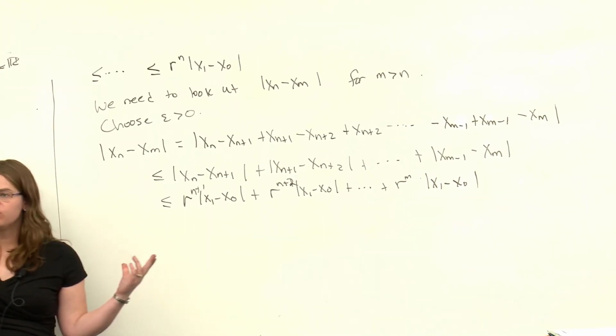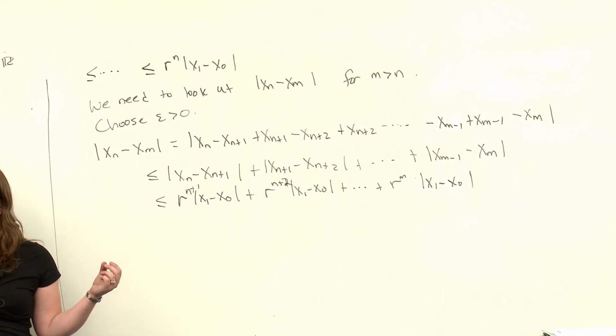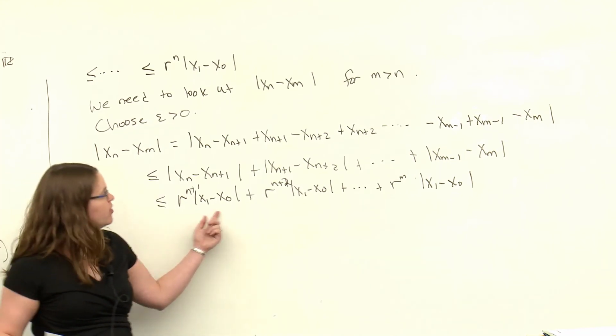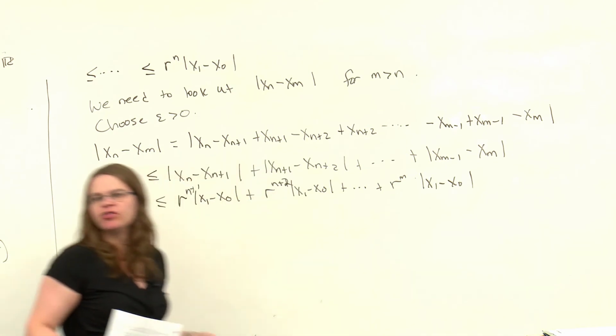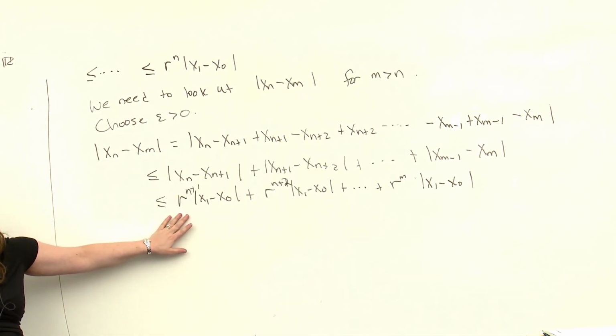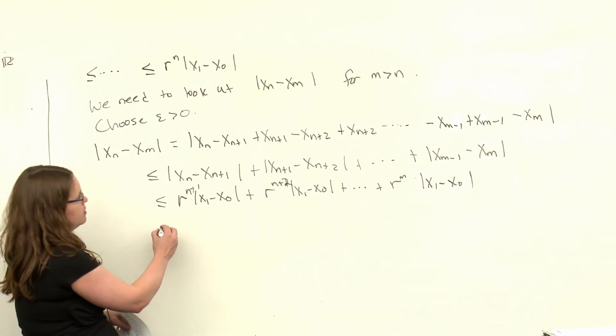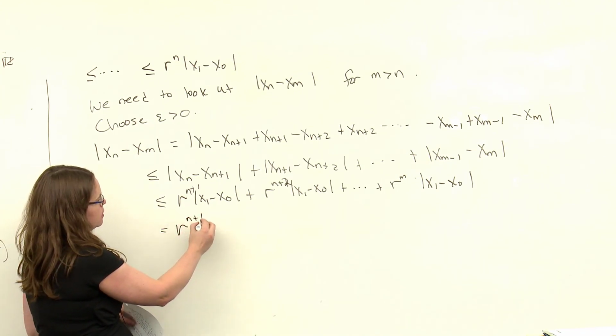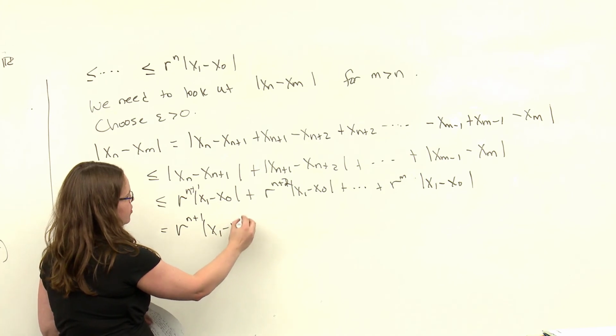Okay, and then we start simplifying and trying to factor the way we've done before, right? So again, it was obviously an x1 minus x naught floating all the way through that we can factor out. There's also a whole bunch of powers of r that are floating all the way through, and we can factor some of those out. So let's hold some of those out.